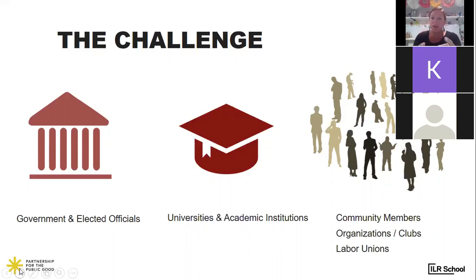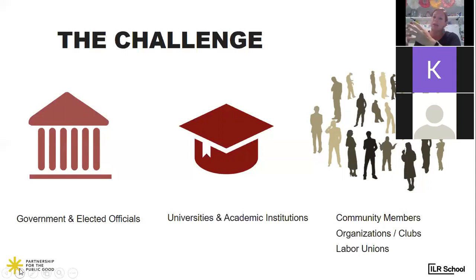Then there's another silo of universities and academic institutions. There's faculty and staff and students and grad students and PhD and undergrad. And oftentimes they work and operate with different rules and different timelines and different systems. And then there's this other silo or bucket of community members, organizations, labor unions, folks who are doing mutual aid.